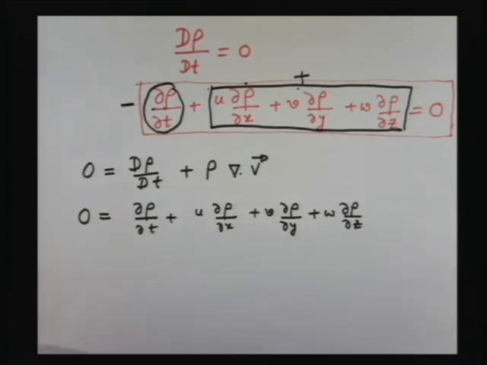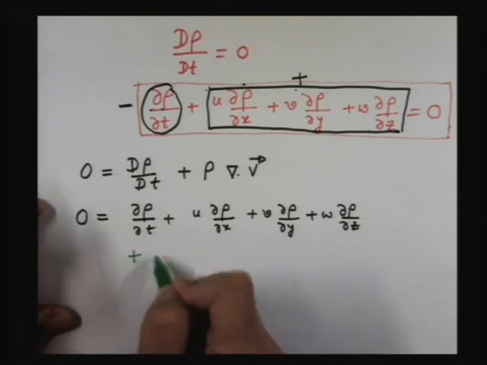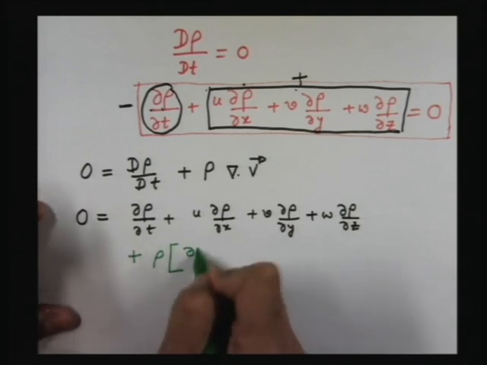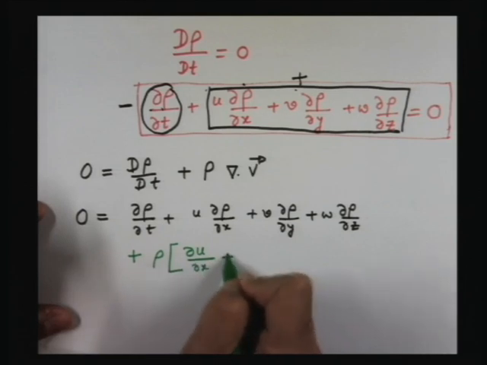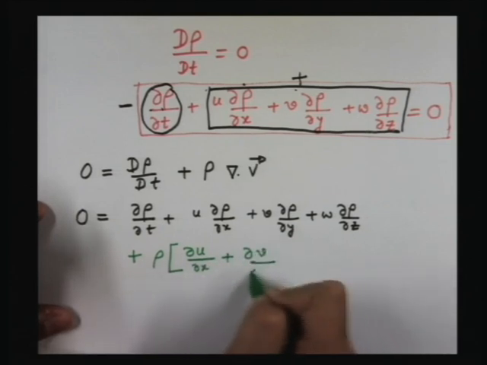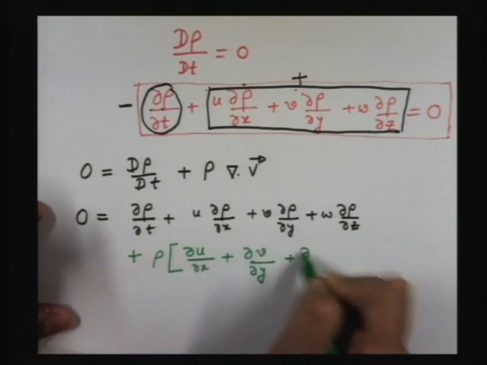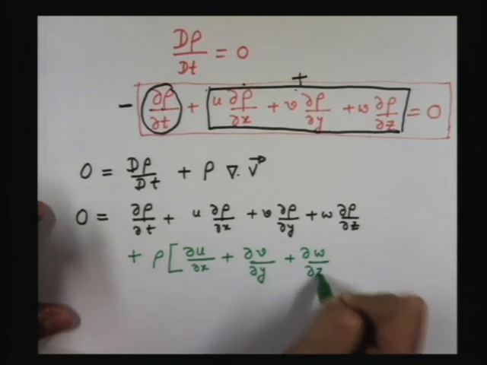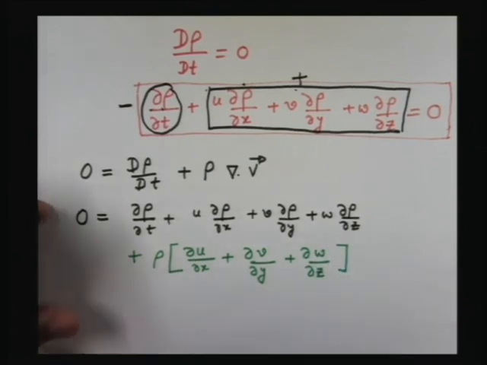This is the first term. Let us write the second term maybe with a different color, plus rho, okay.